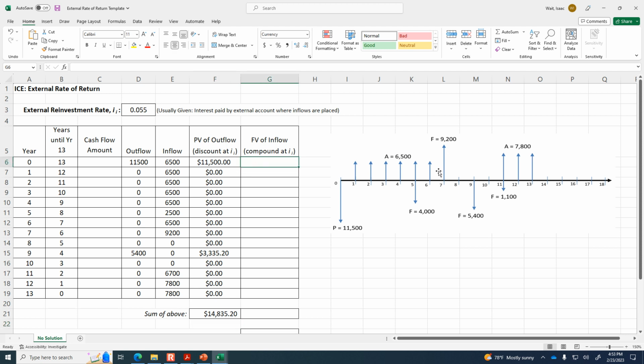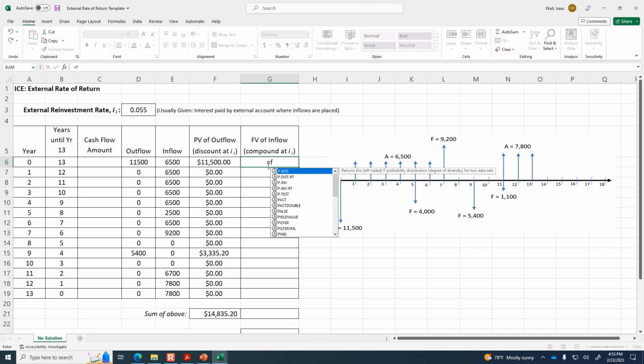Okay, next, find the future value of the inflows. So equals FV, and we're using the external reinvestment rate there, so anchor the reference so we can drag the formula down. Now, NPER, we're not just using the years, we're using the reverse time column because we want to compound into the future.